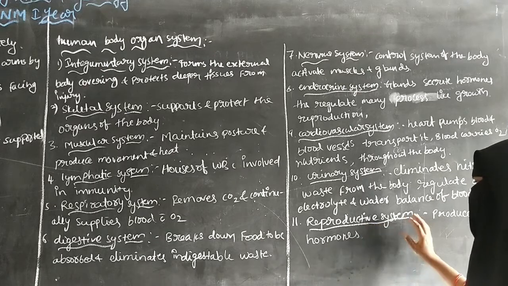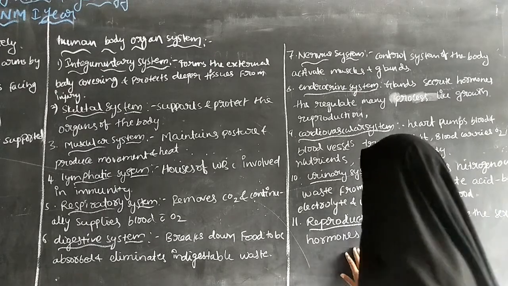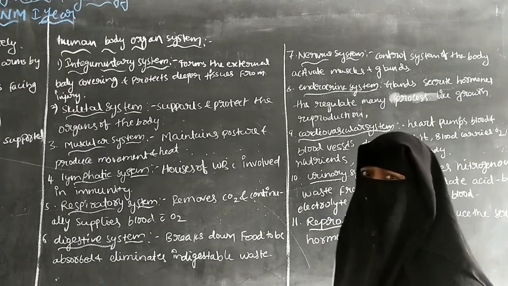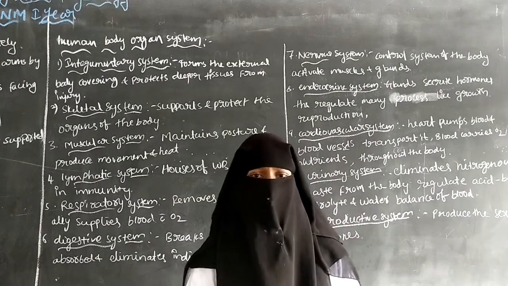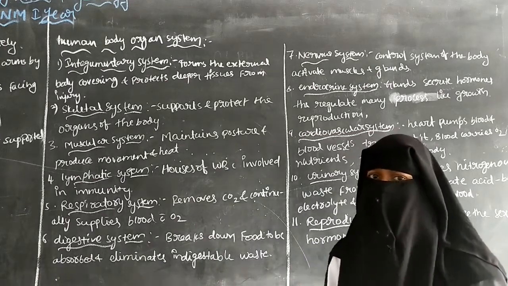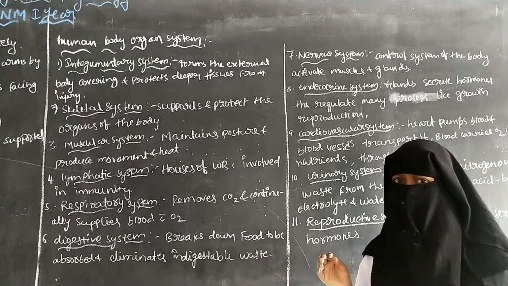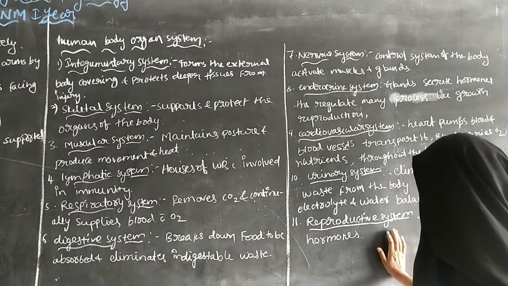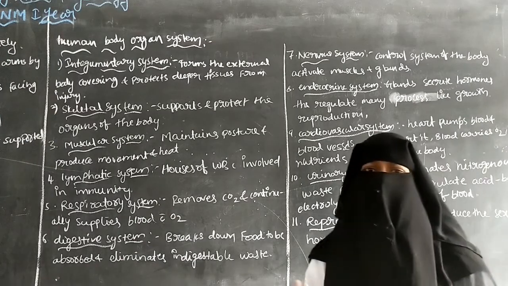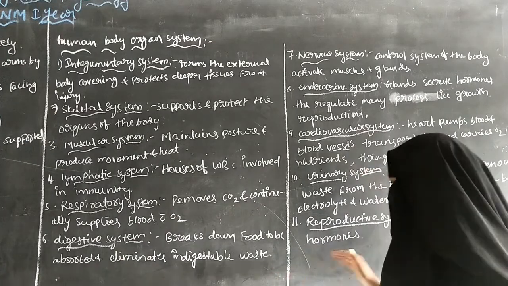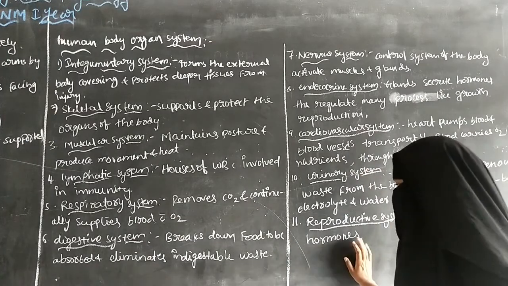The reproductive system includes the mammary glands. In females, it includes the ovaries, vagina, and cervix.